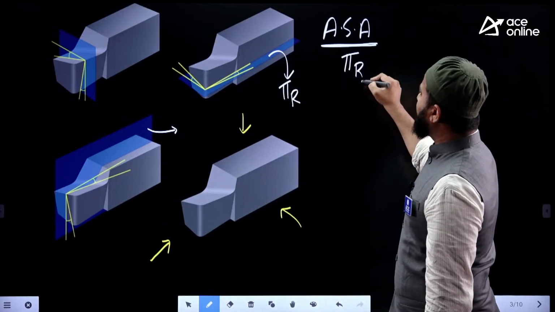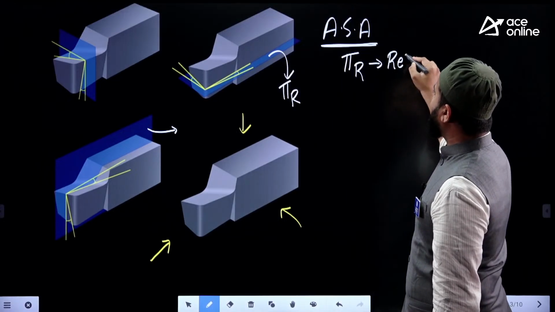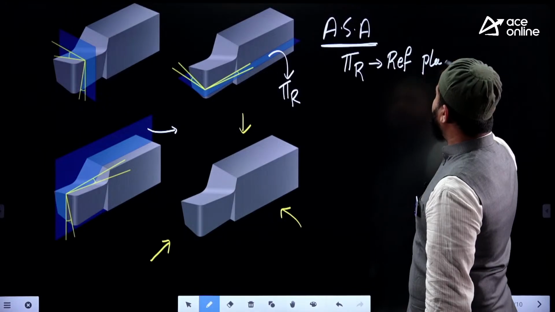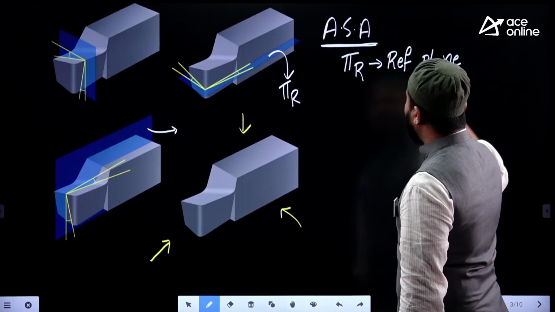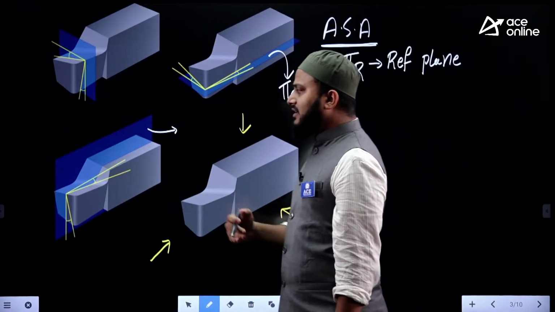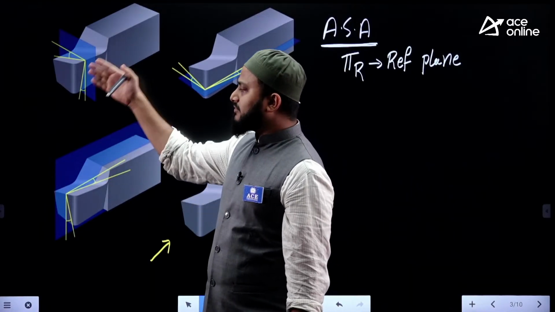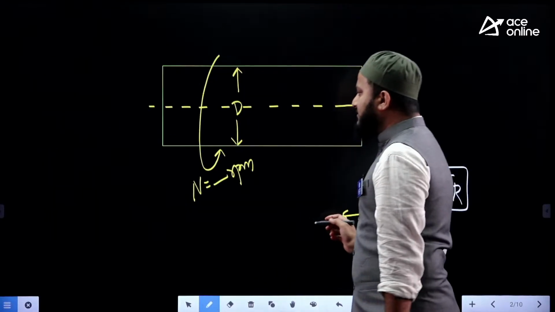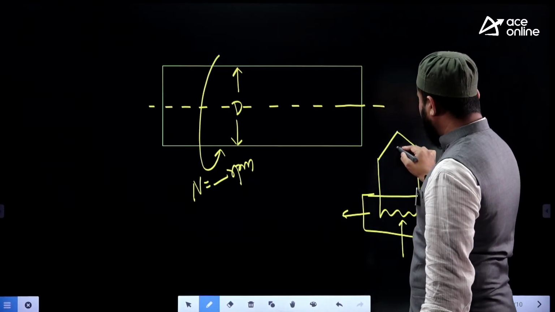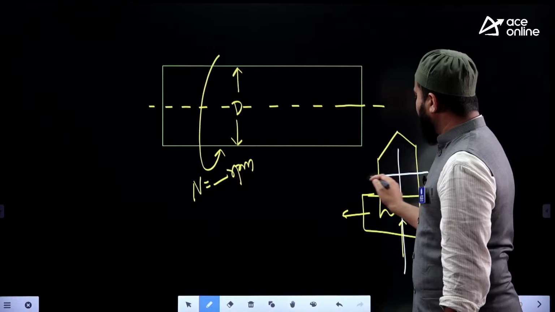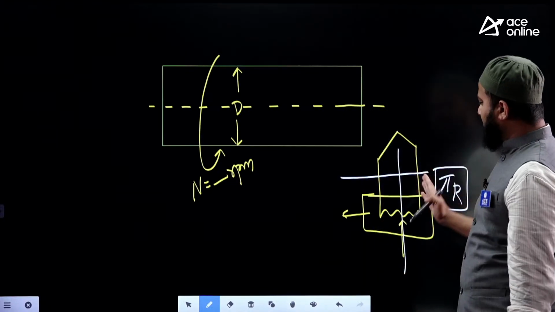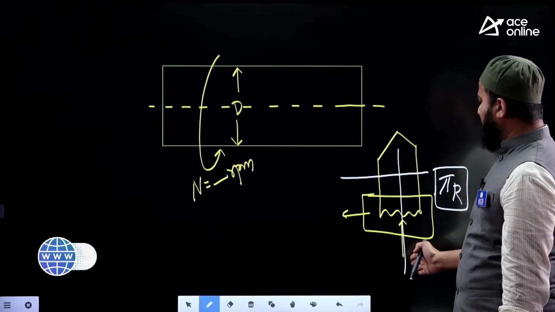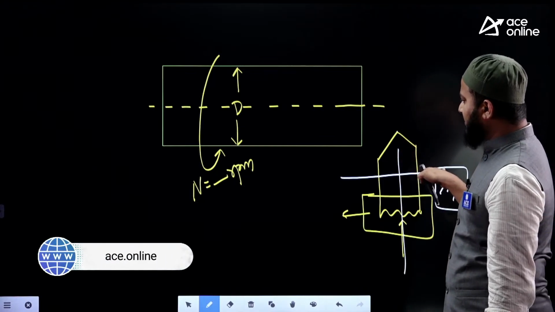With respect to the reference plane, pi r, we have 2 planes: one perpendicular to the reference plane lengthwise with the tool and another widthwise with the tool.